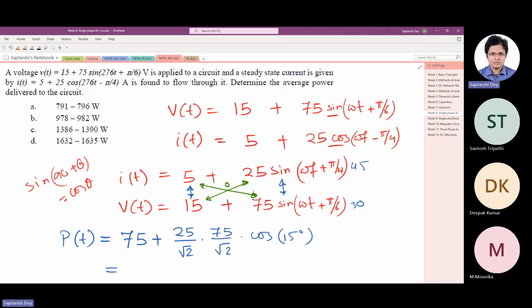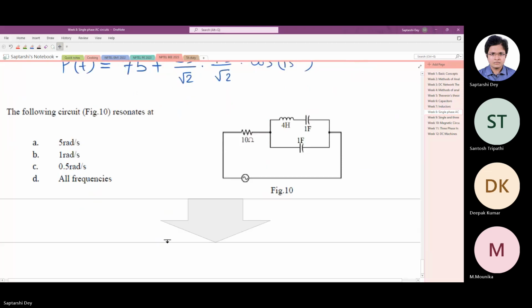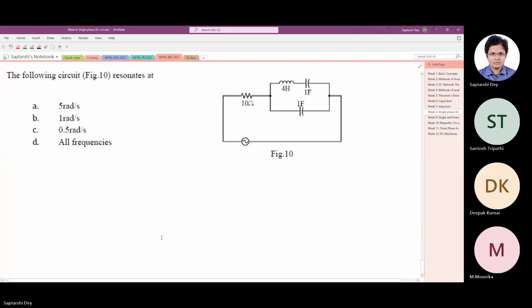Okay, we'll go to the next question, which happens to be our last question for today. The following circuit resonates at which frequency?